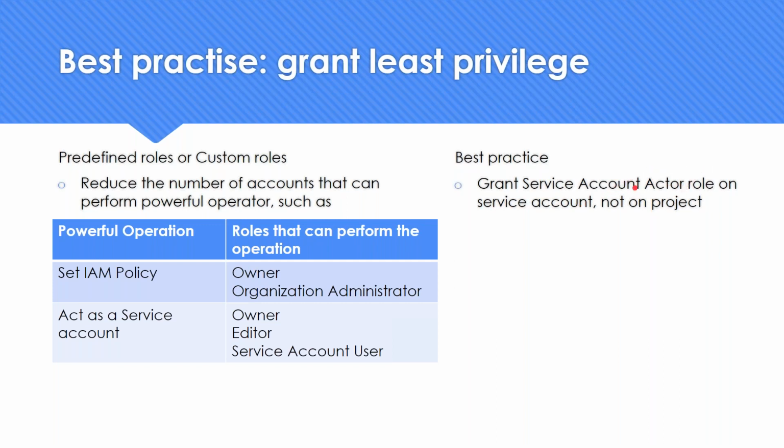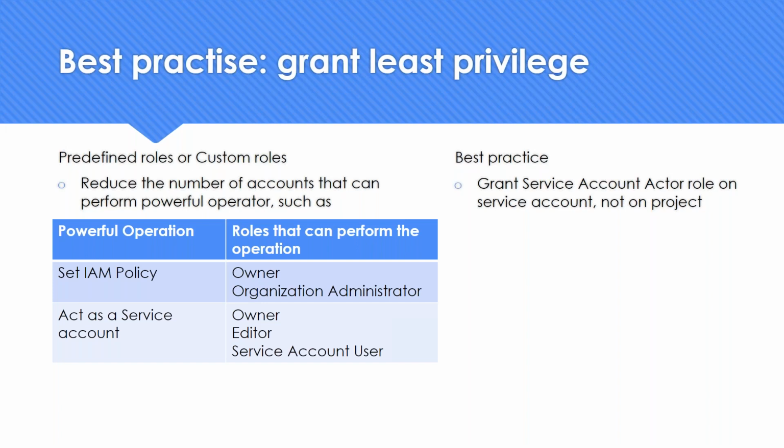This was previously called actor, now it is called the user role, on a service account, not on a specific project. Don't give it at the project level, so that he is not acting as the service account for all things. Give it to a specific service account, the last option which we tried. An individual service account is a little easier to track.